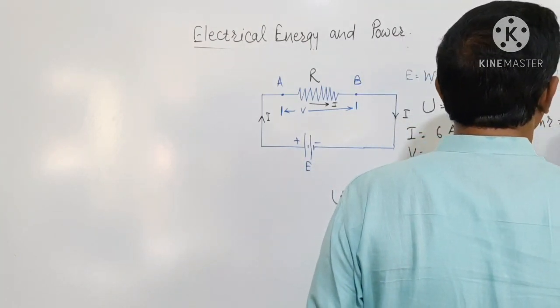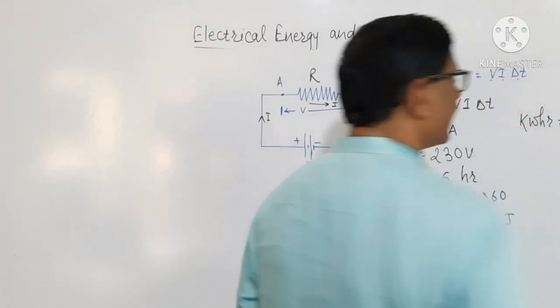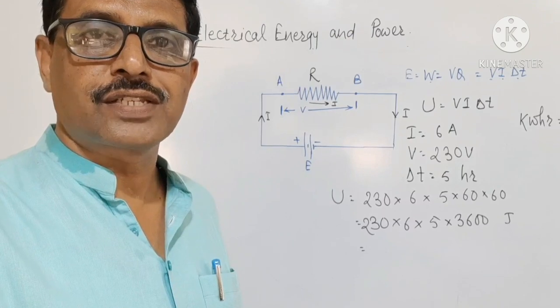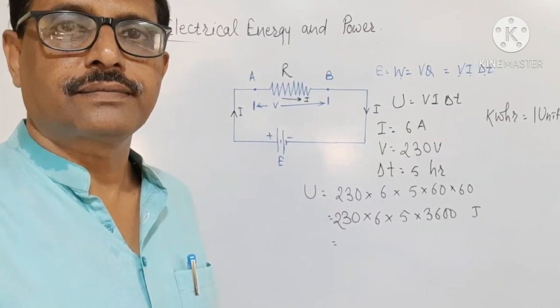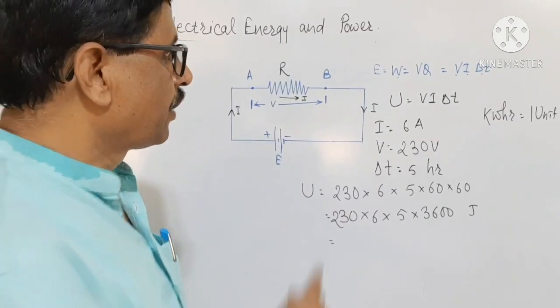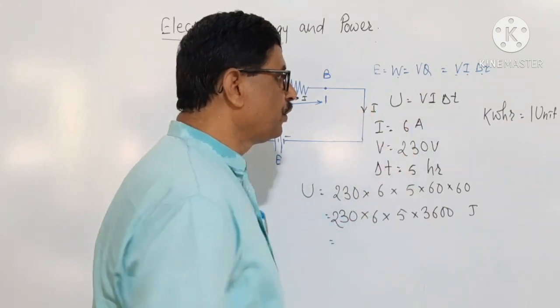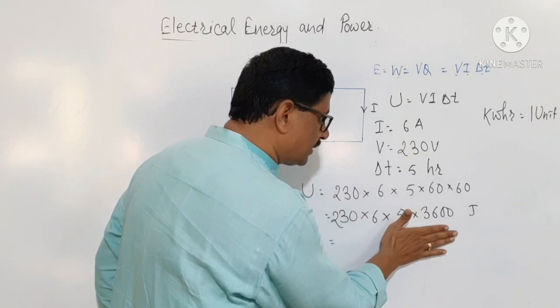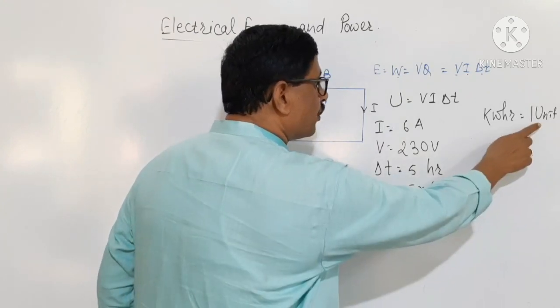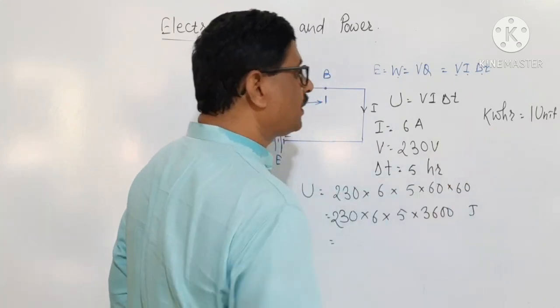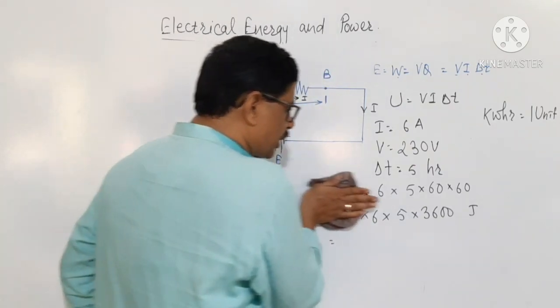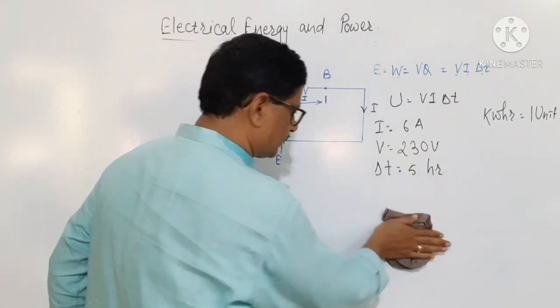This is equal to 1 unit of electricity board. 1 unit of electricity board is kilowatt hour. 1 kilowatt hour is equal to 1 unit. Here we have determined it in joule and we have to find out in kilowatt hour. And in kilowatt hour, how much is the energy consumed, that we will see.